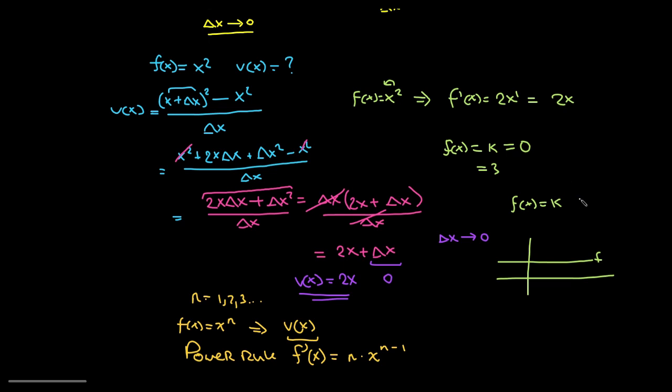You can also think of this as k times x to the 0, and if you differentiate this, then the 0 will jump in front and you will get 0 times whatever, but it'll just be 0. So a function that's just a number will become 0.